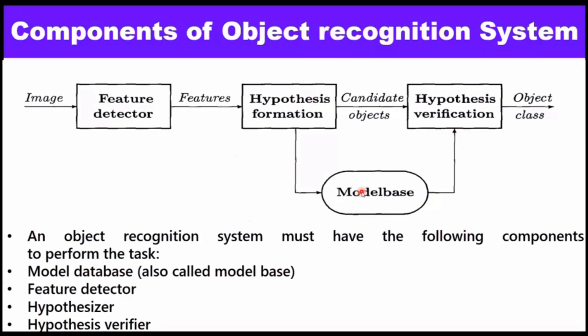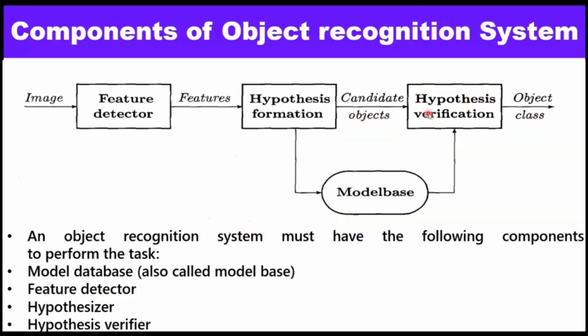So all hexagonal bolts can now be candidate objects. Let's say based on shape, we are finding out the object's shape and size. Once we detect the feature as a hexagonal shape and a particular size, then the hypothesis will be formed. That is the guesswork: what are the possible candidate objects from the list?